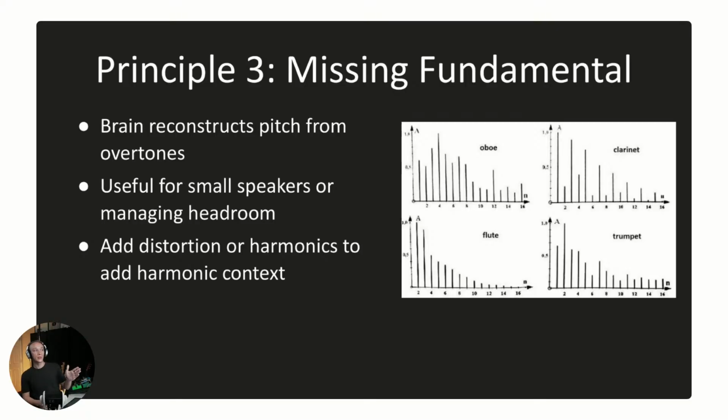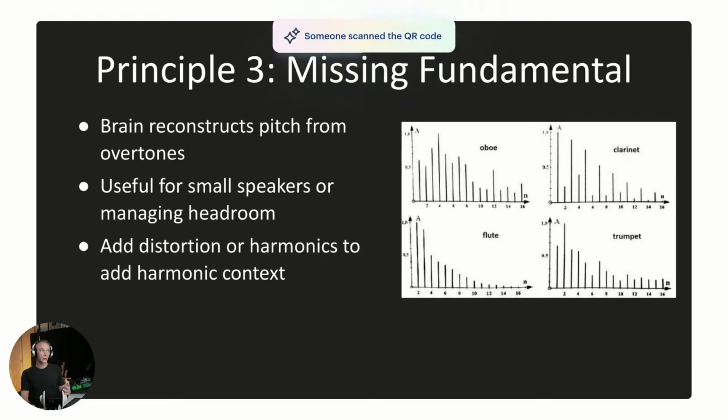But you'll notice, and you'll know, that even the same note played on each of these instruments is going to sound a lot different. Now, what makes them sound different is a combination of the envelope, right? The attack, decay, sustain, release, all of that. And also the timbre is influenced by the overtones and the harmonic character of the instrument.